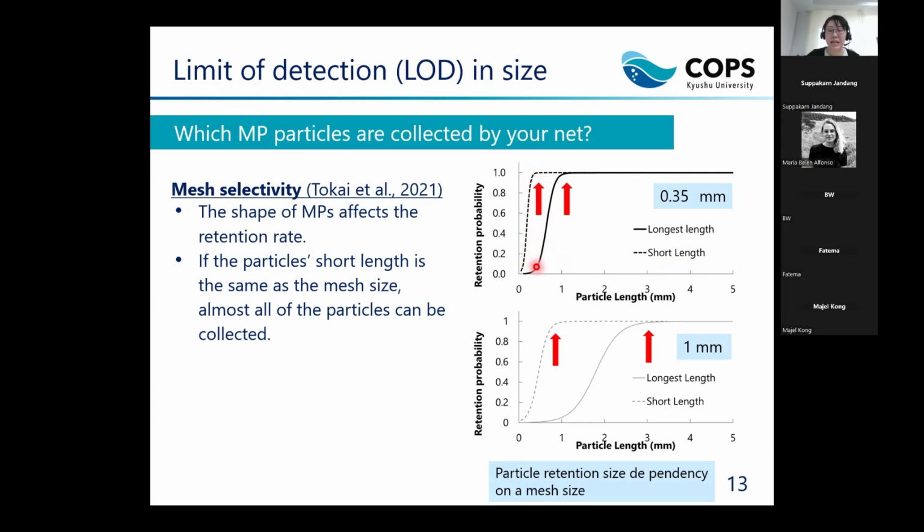So it means we report microplastic size in the maximum or longest length, but the retention rate can be affected by the shortest length. So we need to consider how much plastic is retained in your situation with this idea.